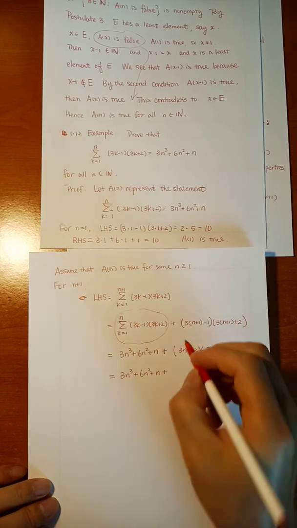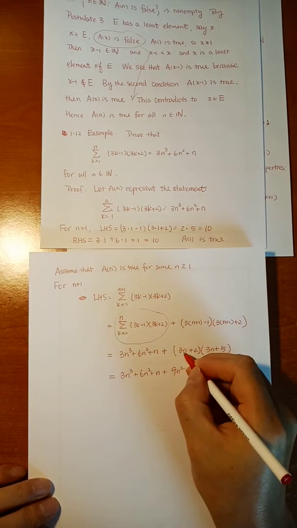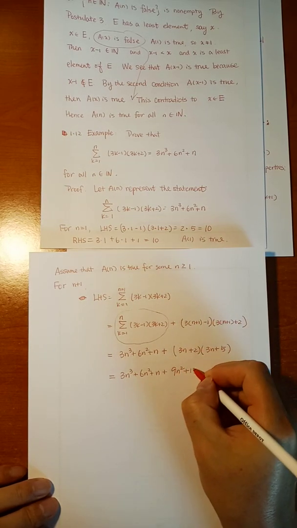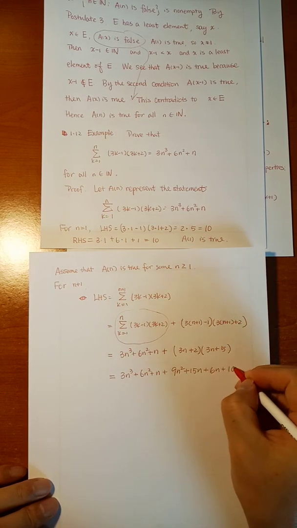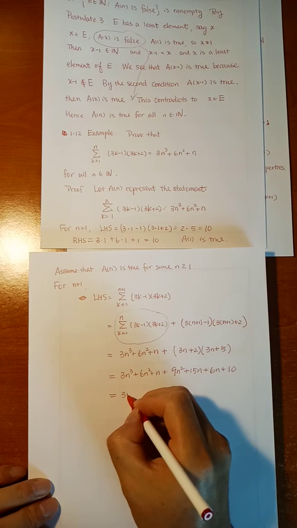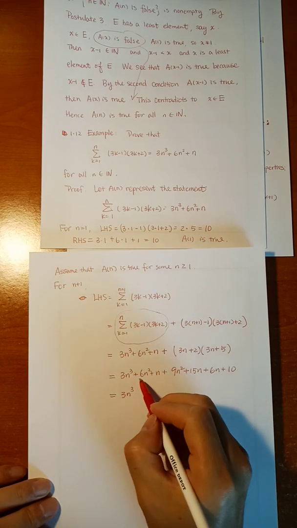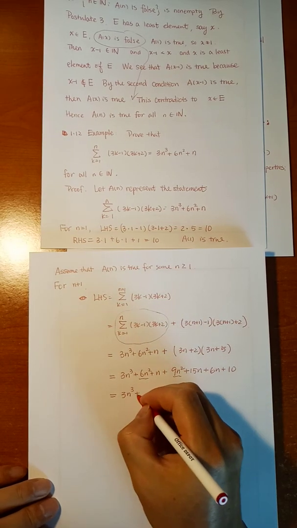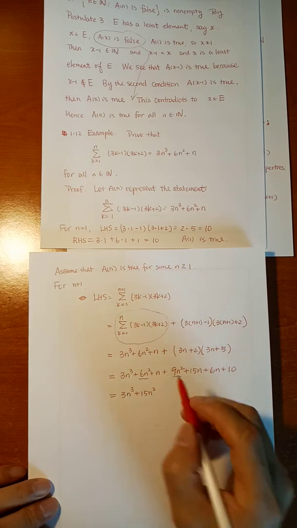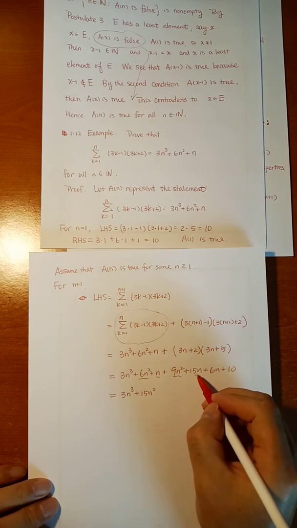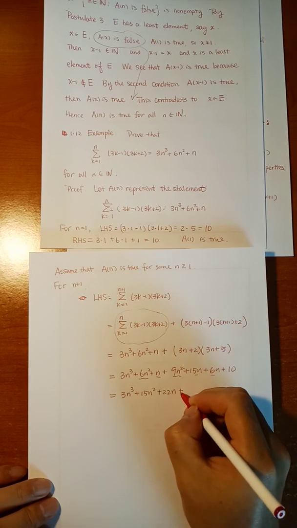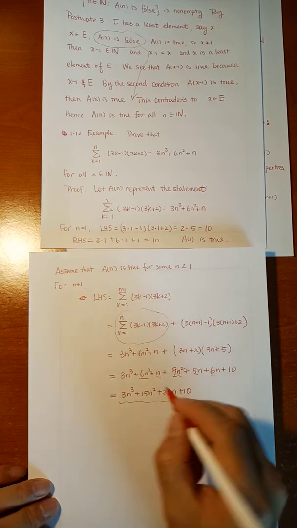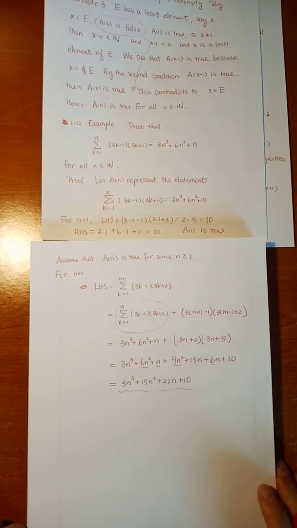So it's 3n times 3n, 9n squared. 3n times 5, 15n. 2 times 3n, 6n. 2 times 5 is 10. So here it's 15n squared, 1, 16, 22n, and plus 10.